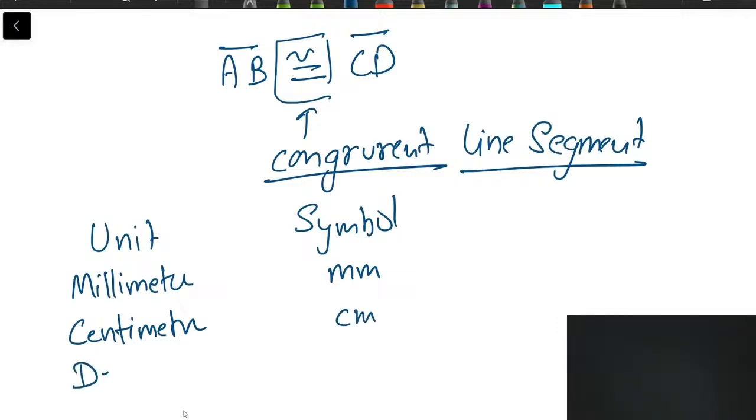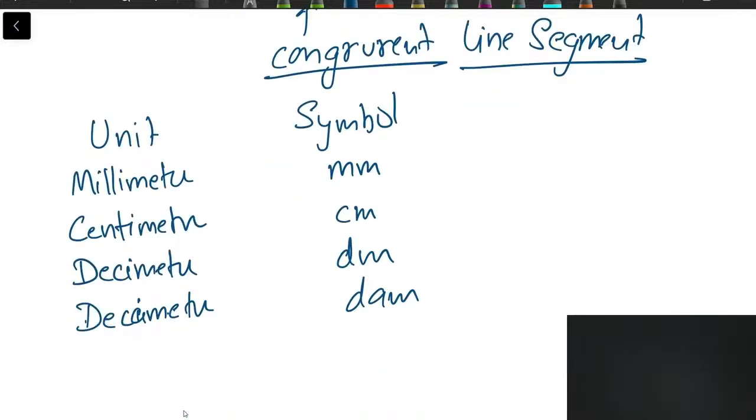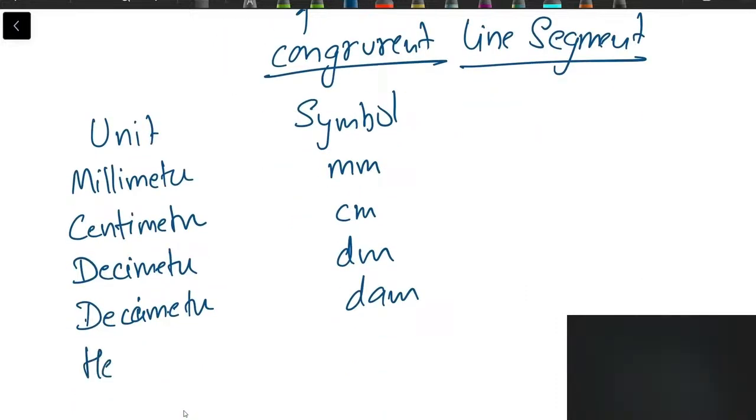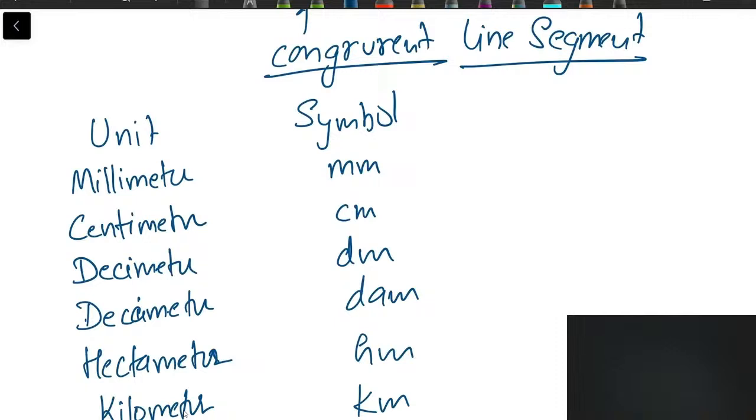Decimeter, represented by dm. Then decameter, represented by dam. Then hectometer, represented by hm. Then kilometer, represented by km.